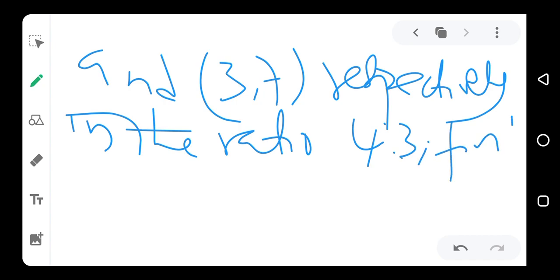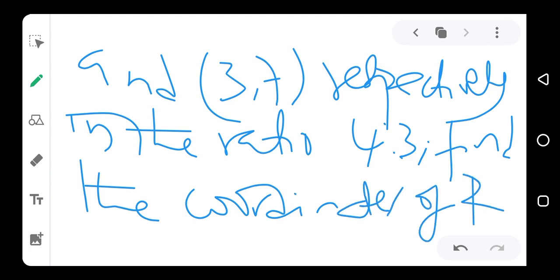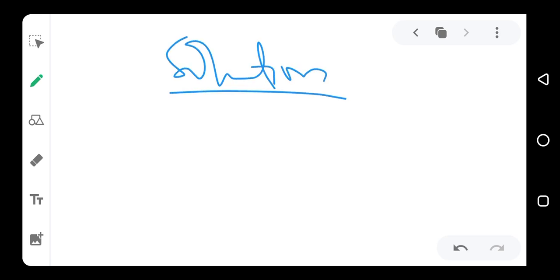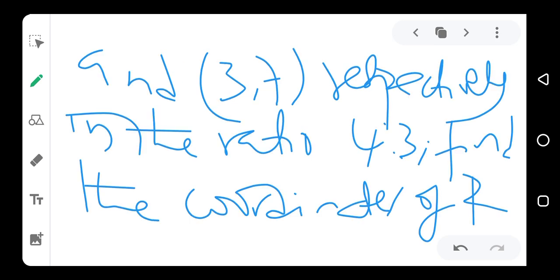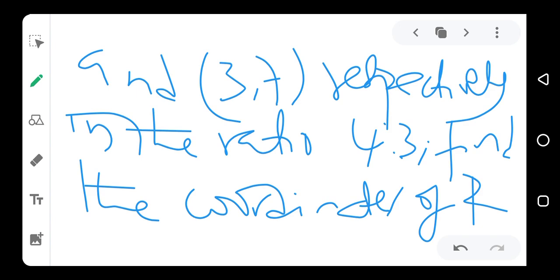Now find the coordinates of R. Now solution. The question is that R divides a line PQ where the coordinates of P and Q are 5, 2 and 3, 7 respectively in the ratio 4 is to 3. Find the coordinates of R.